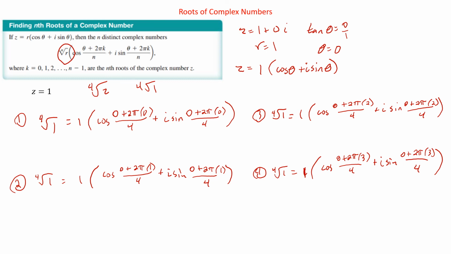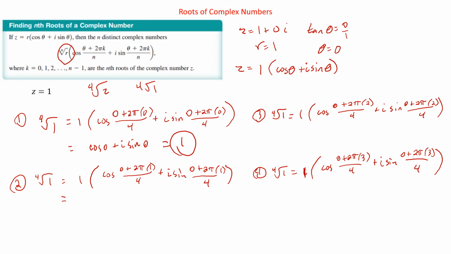So let's change our angles. 2 pi times 0 is 0, plus 0 is 0, divided by 4 is 0. So this is 1 times cosine of 0 plus i sine 0. Well, cosine of 0 is 1, sine of 0 is 0, so this equals 1. That's one of them, and we expected that one.